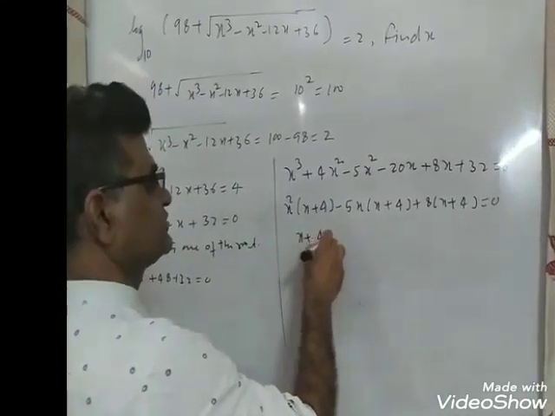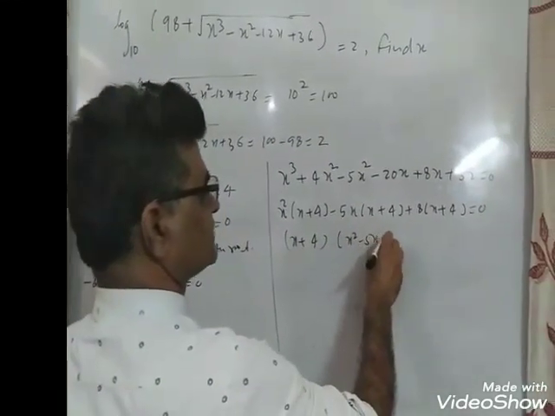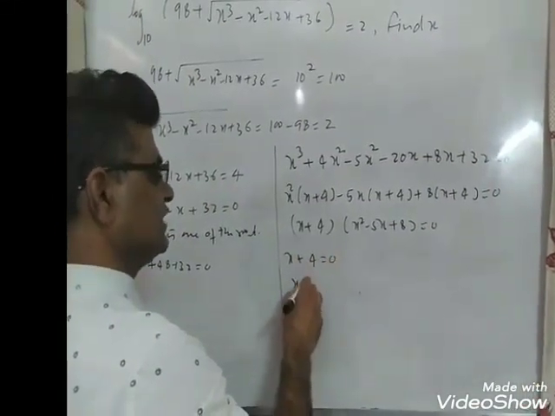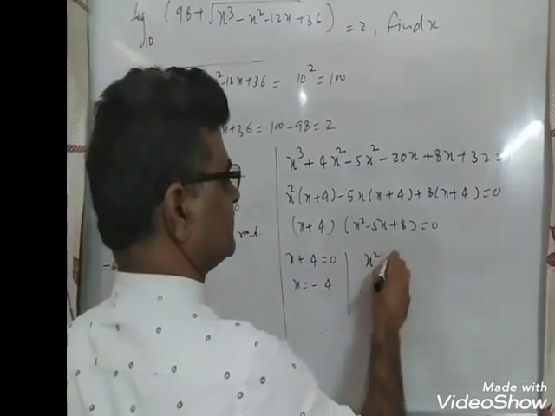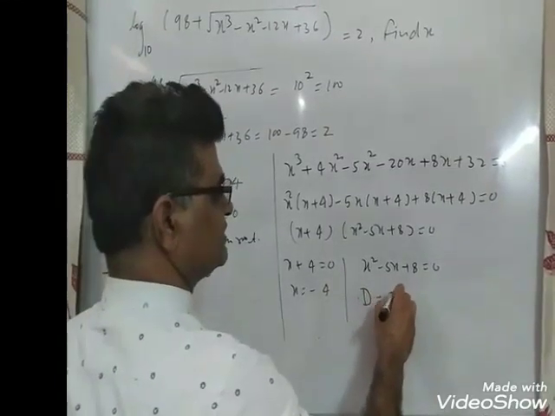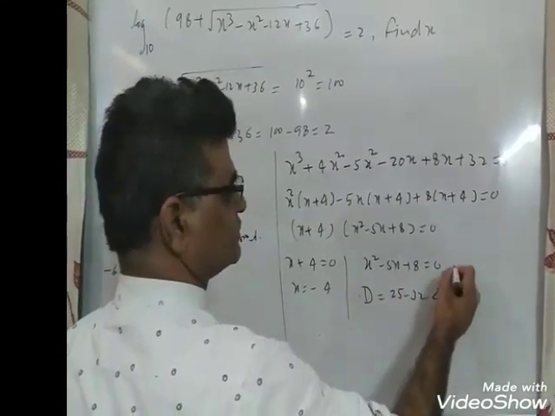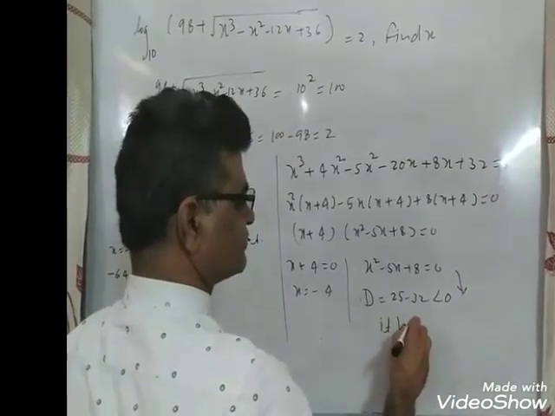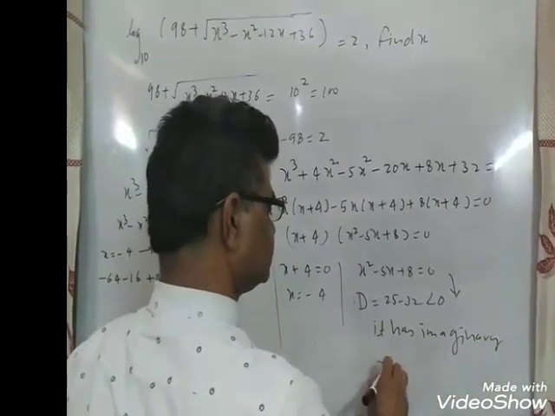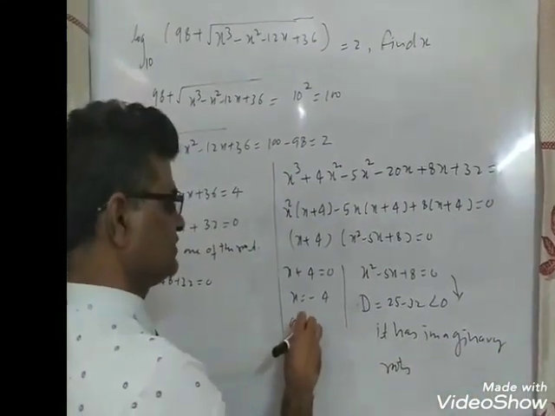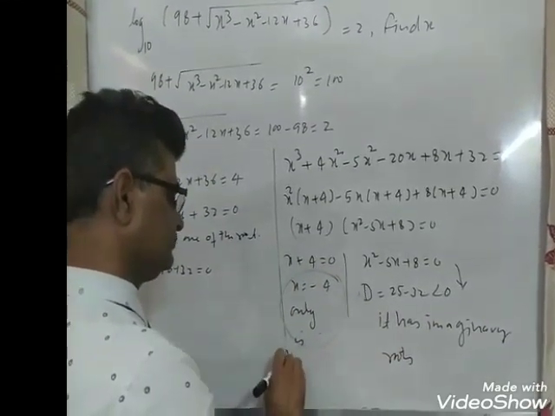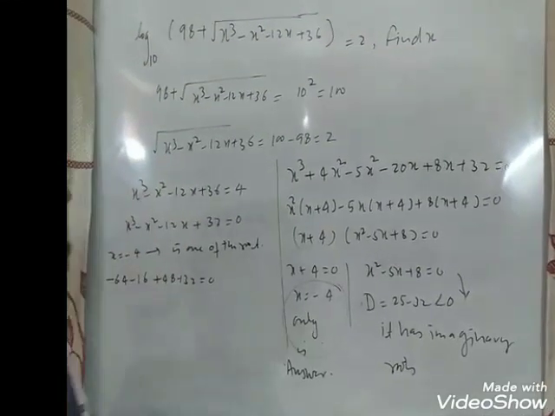So x + 4 = 0, x is equal to -4, and x^2 - 5x + 8 = 0. If you find the value of D, you can see that 25 - 32 is less than 0. So it has imaginary roots. So only this is the answer. So x is going to be -4.